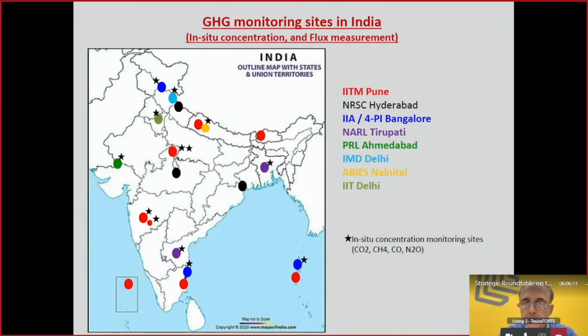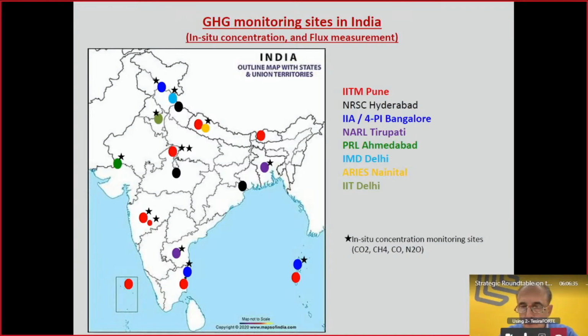So this is our current GHG observation sites in India. And I am showing here not only the in situ concentration monitoring, but also the flux measurement in different ecosystems. Starting from IITM Pune, we have a site in Kaziranga National Park in the reserve forest for flux monitoring.